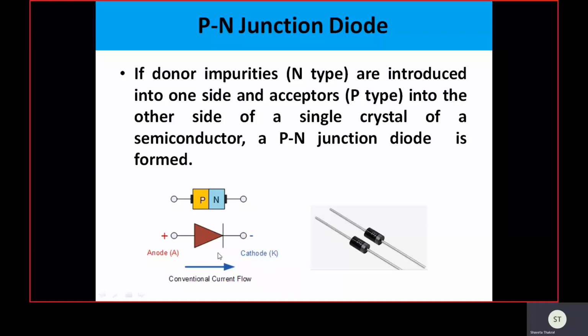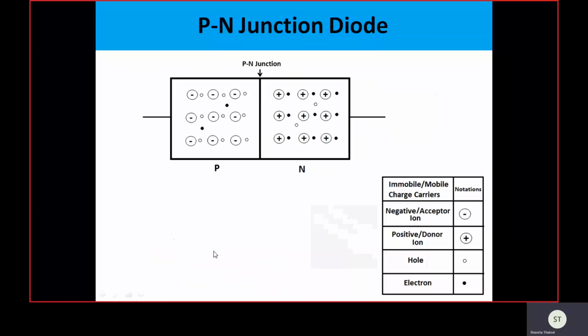It is the property of the diode that current flows from P to N, that is positive to negative. The diode has the property called the unidirectional conducting property. That means the diode conducts from P to N but not from N to P. If we look inside the p-type and n-type extrinsic semiconductors, we can see various types of charge carriers.